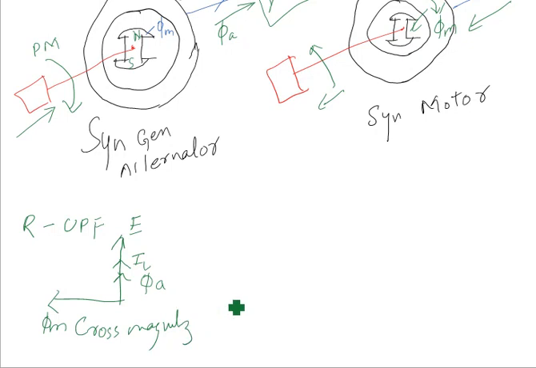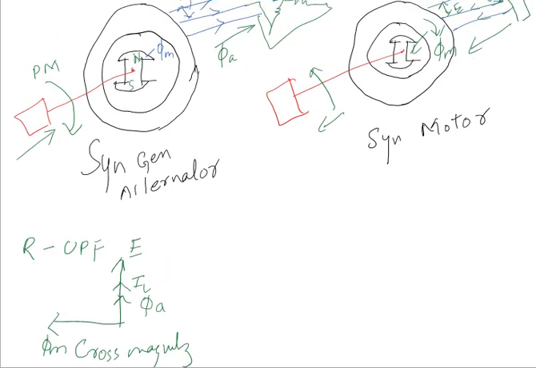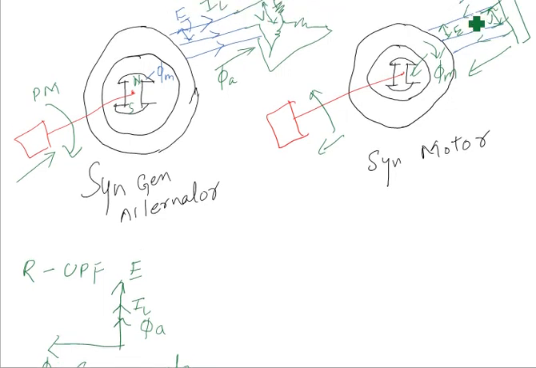Now, suppose the same current is flowing here at unity power factor, for a motor. What happens is that first we have V, and that V generates E. So always E comes first, right?